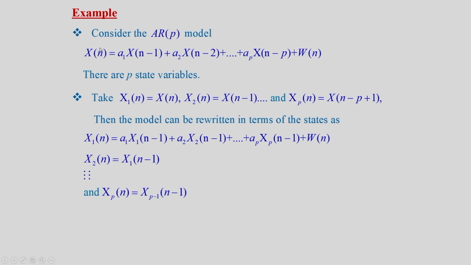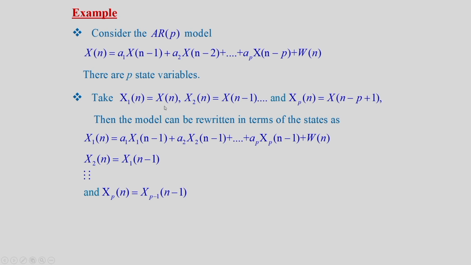Because it is a pth order difference equation, there will be p state variables and we will take x1 of n, that first state variable, as xn. Similarly, x2 of n is equal to x of n minus 1, like that xp of n, that is the pth state variable, is x of n minus p plus 1.